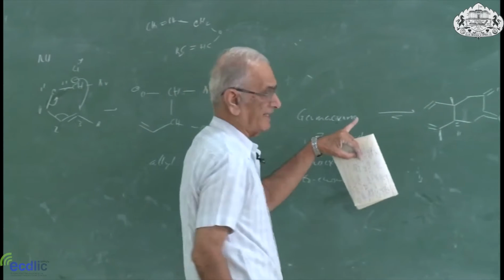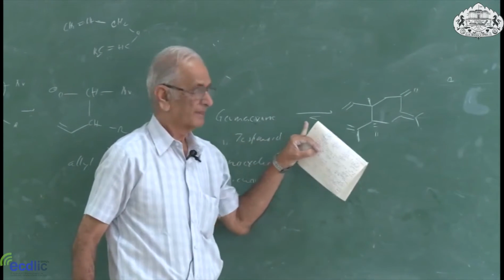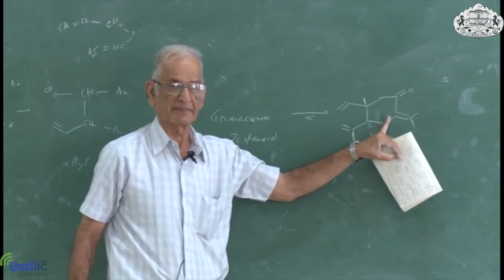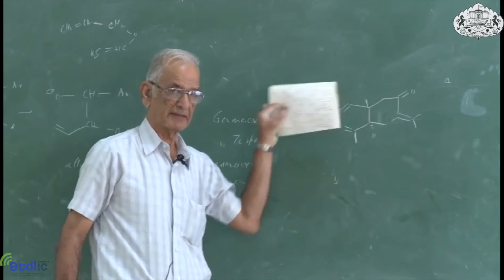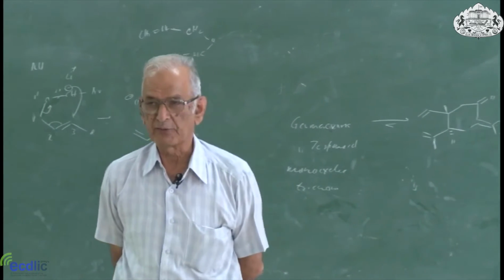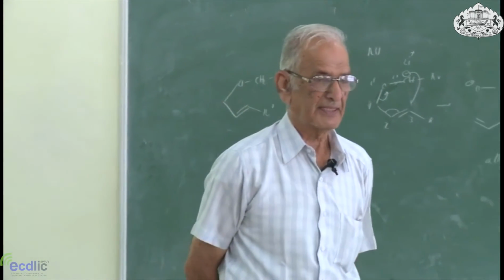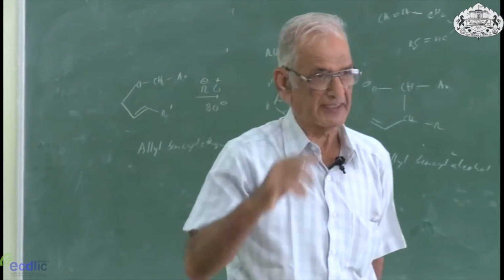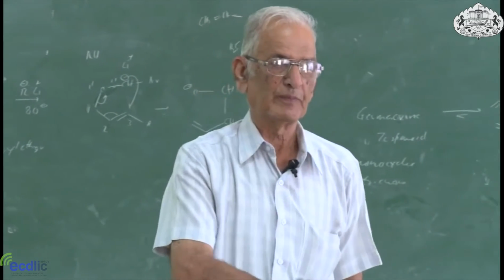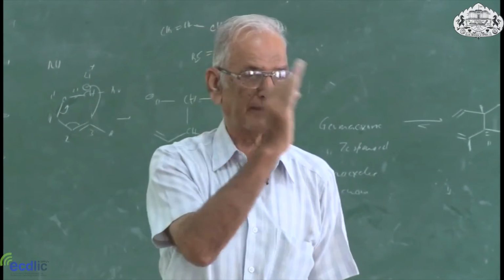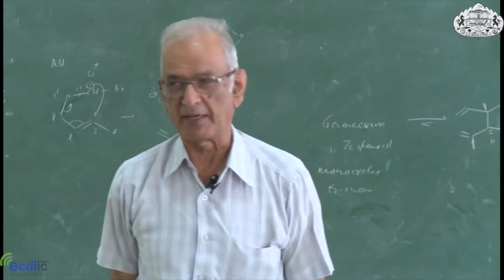I hope you are seeing the direction of the arrow. So, this is the product. From the product, we are trying to find out what is the starting material. This is what we said in the first lecture, that if you know the product, you can get the starting material, and if you know the starting material, you can get the product. Okay.